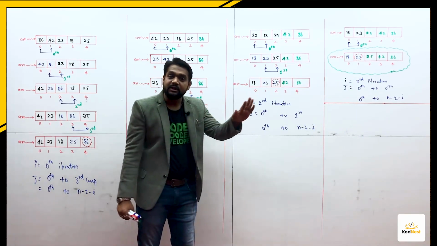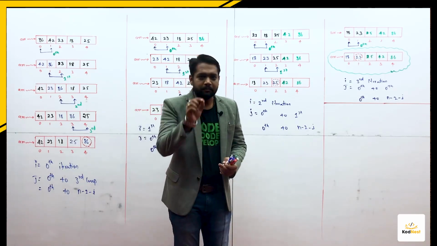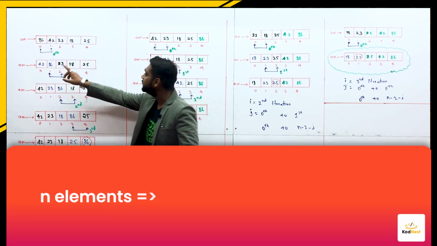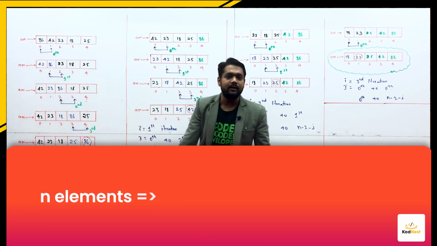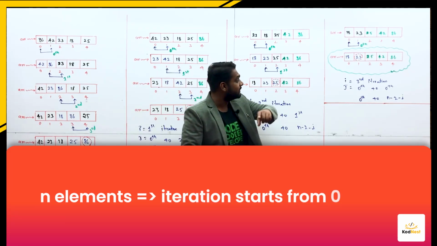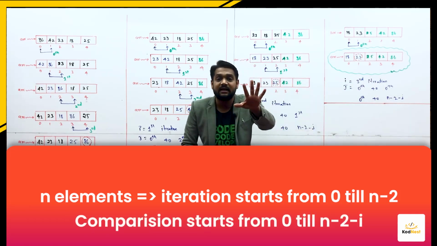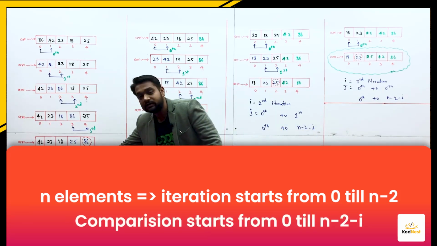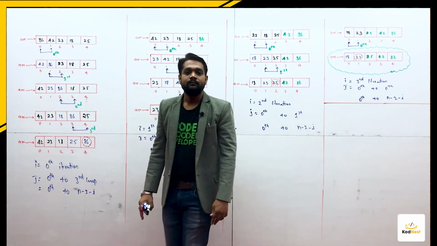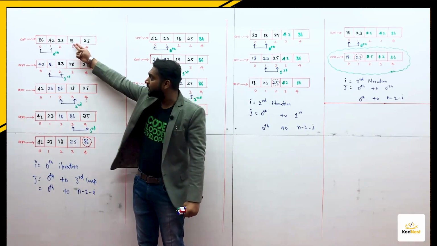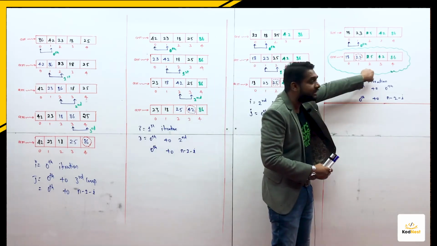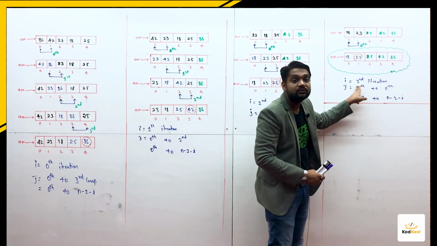So let me summarize the things for you. In bubble sort, if there are n elements to be sorted, then you have to start from the 0th iteration and go until the n minus 2 iteration, because with 5 elements I am going from the 0th iteration to n minus 2, that is 3.